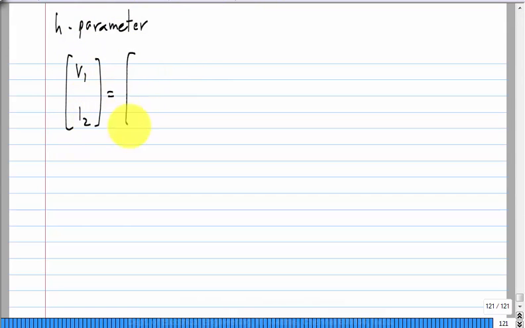And this is quite simple, so we can form it for the other two parameters also. We have V1 I2 to be H11, H12, H21, H22 times I1 V2.